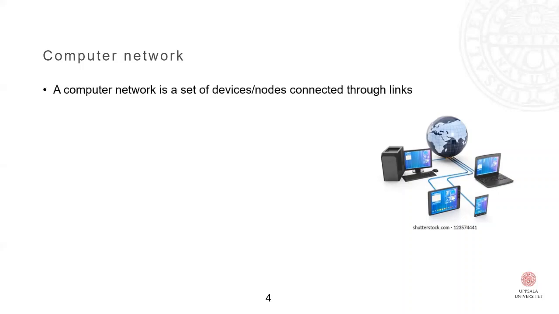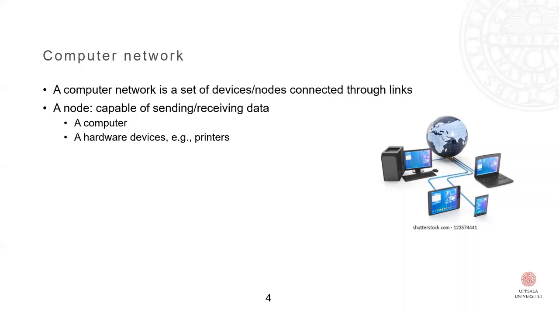And now let's briefly see what a computer network means. A computer network is a set of devices, also called nodes, that are connected together through some links. A node has the capability of sending and receiving data.